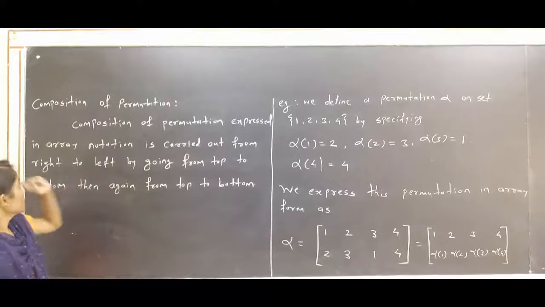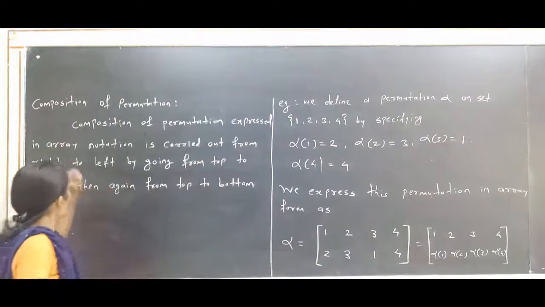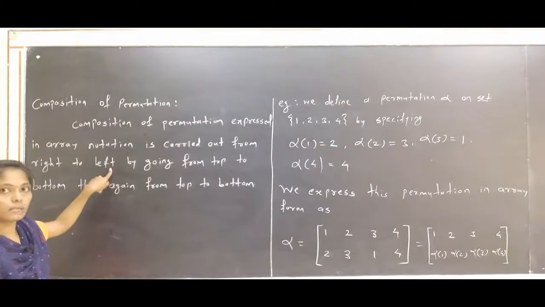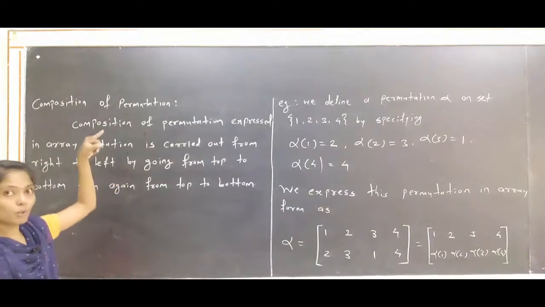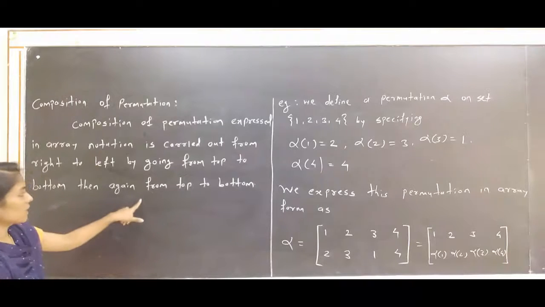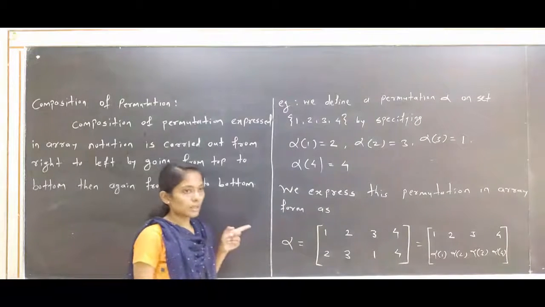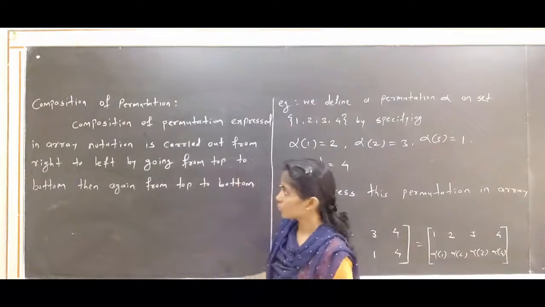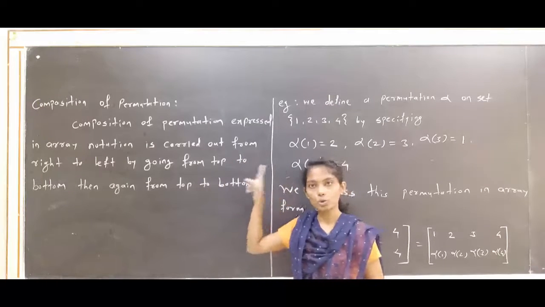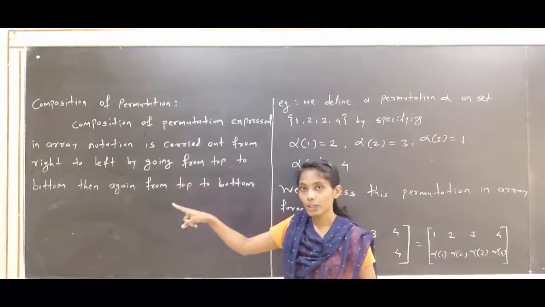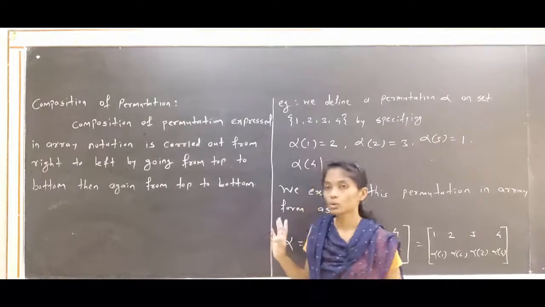Composition of permutation expressed in array notation is carried out from right to left, by going from top to bottom and then again from top to bottom.